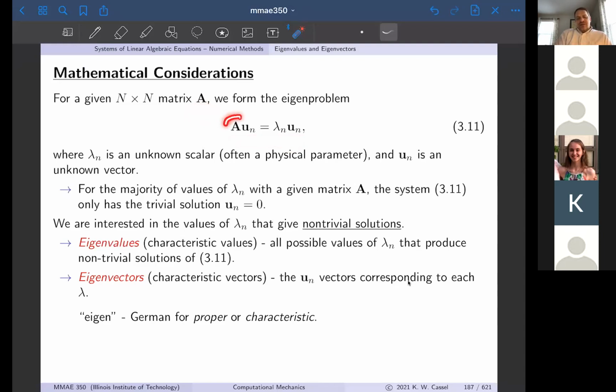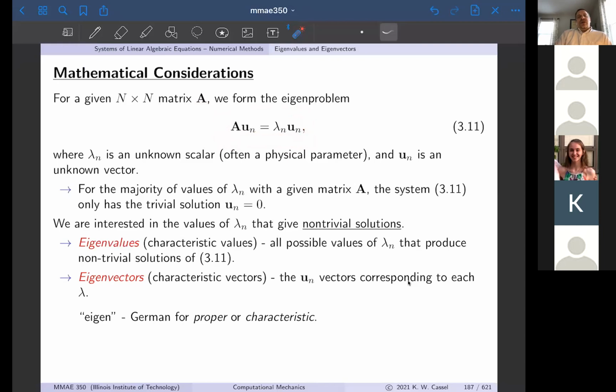Now, the only thing that we have that's known is our square matrix A, and we're looking for the lambdas, which will be the eigenvalues, and the corresponding U vectors, which are the eigenvectors, that satisfy this relationship.